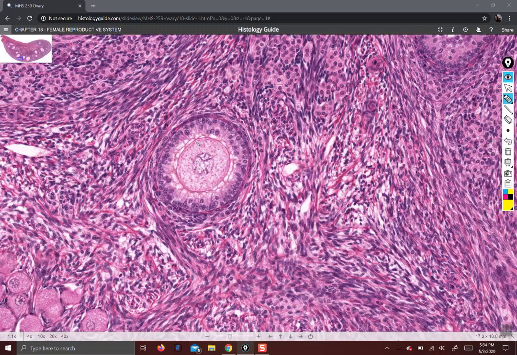So this is an oocyte, and now you can see there's more than one layer of granulosa cells. So zona granulosa is what we call this developing outer layer of granulosa cells, and now you can see that there are two layers.